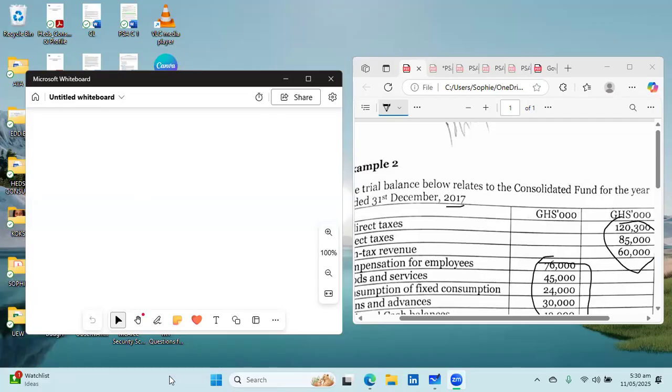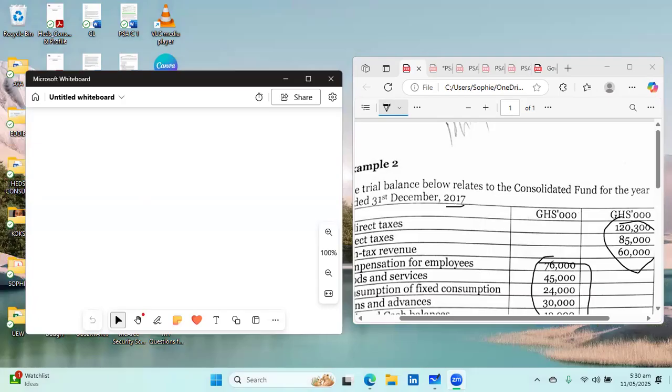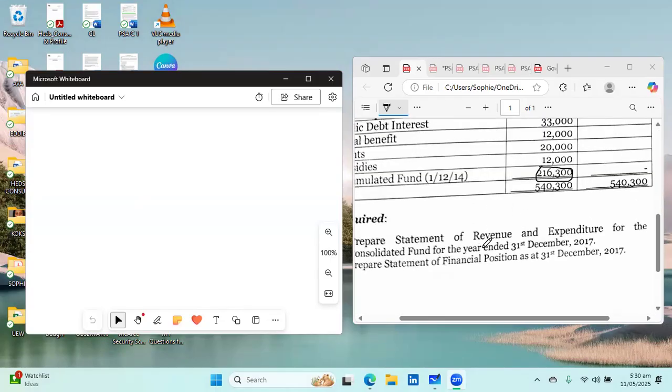So in this question, we've been asked to prepare a statement of revenue and expenditure for the consolidated fund. When we do more on preparing accounts for the public sector, we have accounts prepared for central government, and accounts prepared for an MDA, MMDA, and the institutions.